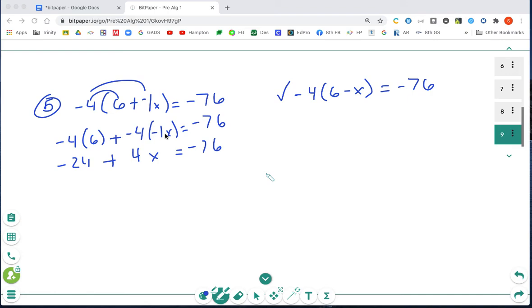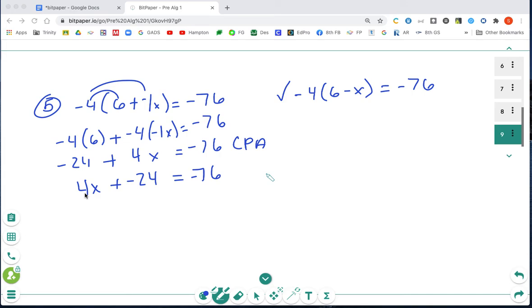Is the variable on the left? Yes. Is it first? No. 4x plus negative 24 is equal to negative 76, and we use CPA. Is the variable first? Yes, he is. Is he on the left?